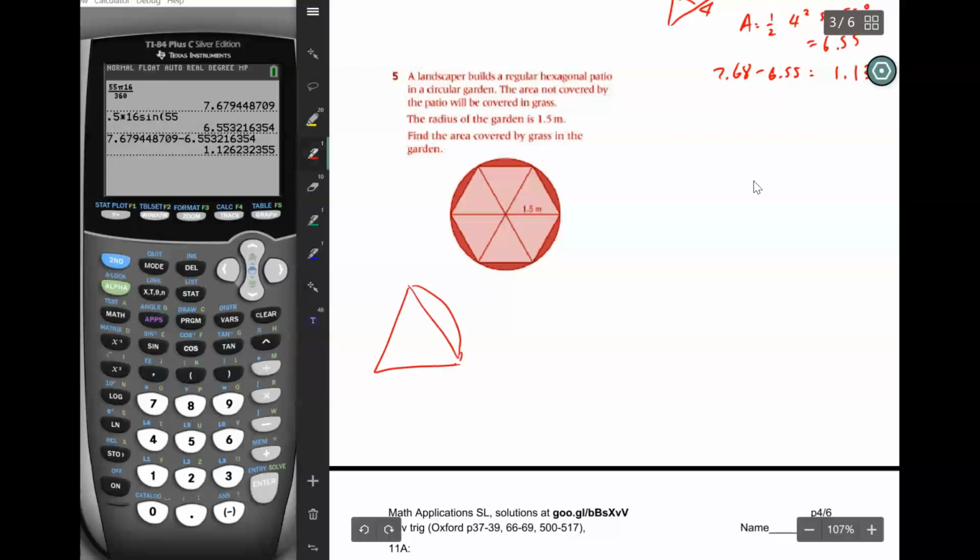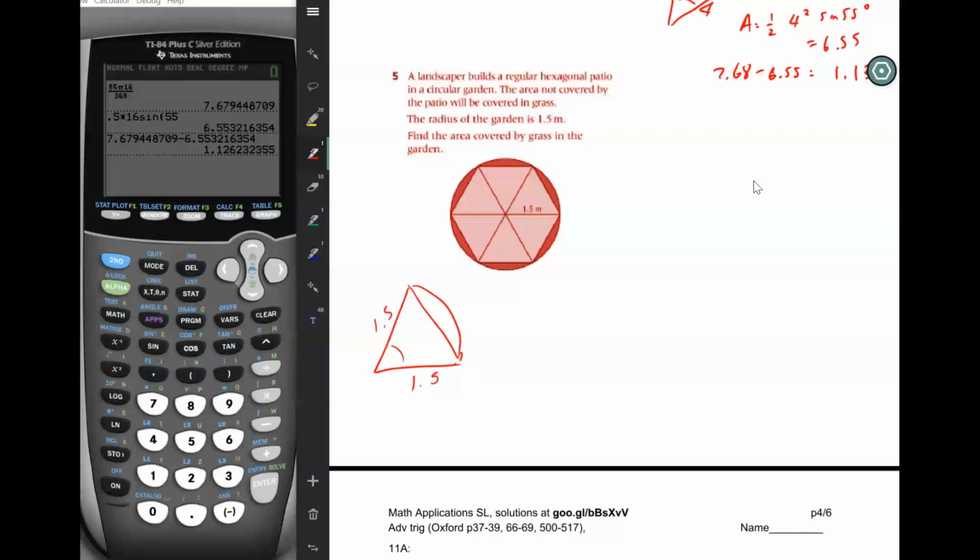Okay, and then the only tricky thing about this is they don't tell us this angle here, but we can figure it out because if this was a pizza, we cut it into 6 equal slices. So basically, when you have a hexagon like this, the angle here is 60 degrees, right?